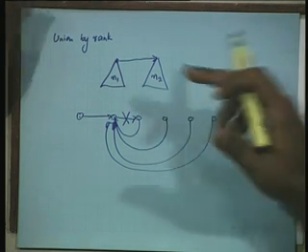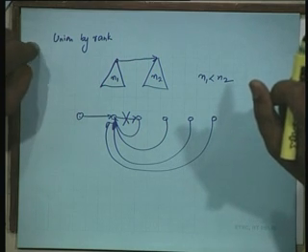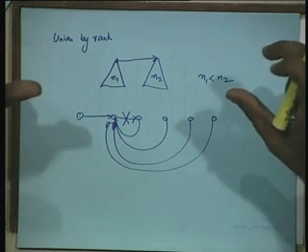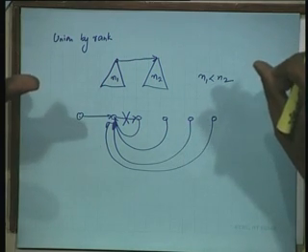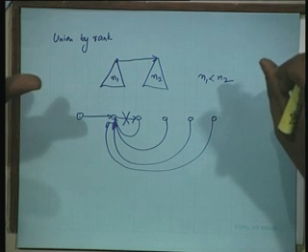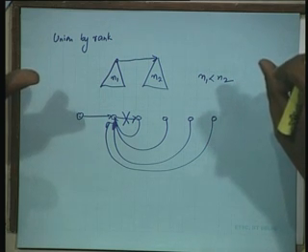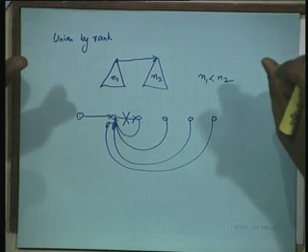So we have to see that if we use this rule, what can be the height of the tree in the worst case? How high can the tree become if we use this rule?